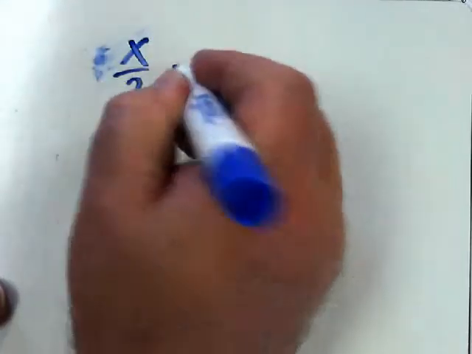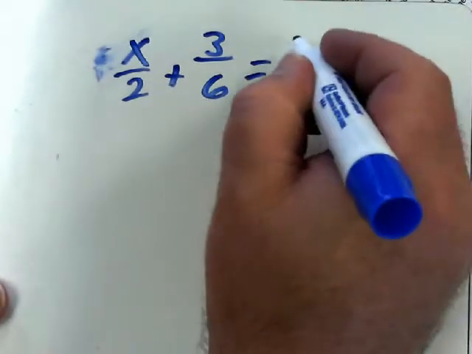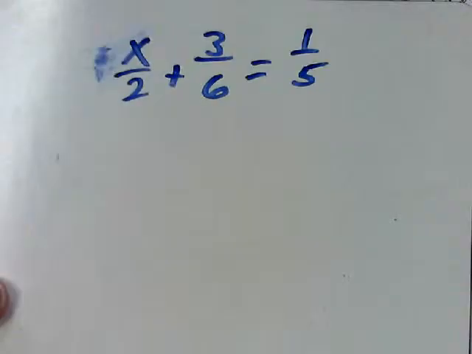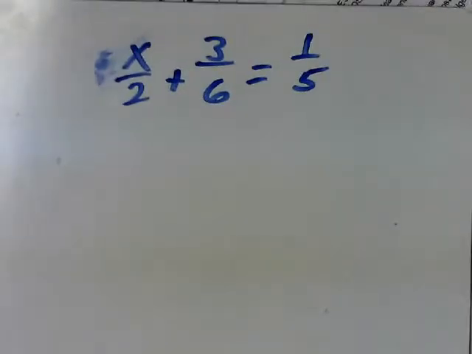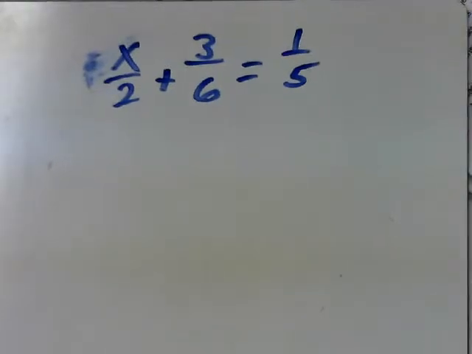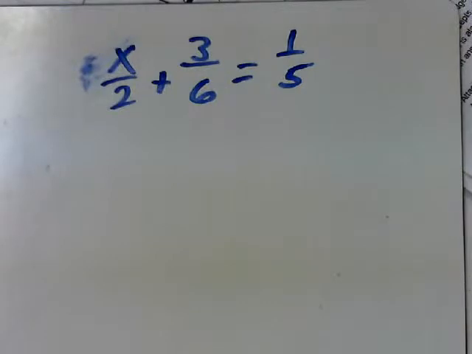Section 9-6 algebra. Equations and inequalities. We have worked with this type of equation before that has fractions in it. And what did we say to do in order to get rid of the fractions? Multiply by the common denominator.